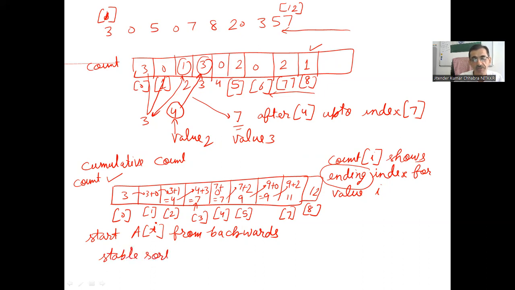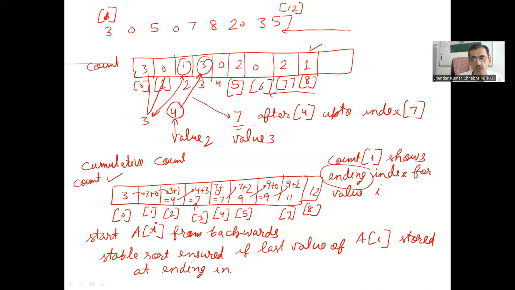If I start with the backward, the last value of A is stored at the ending index. It will be more clear once I go into more discussion in a few minutes why I'm saying this.